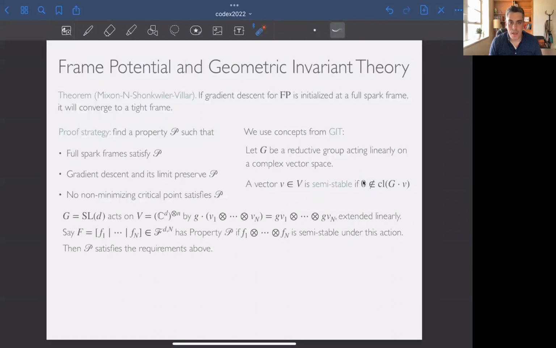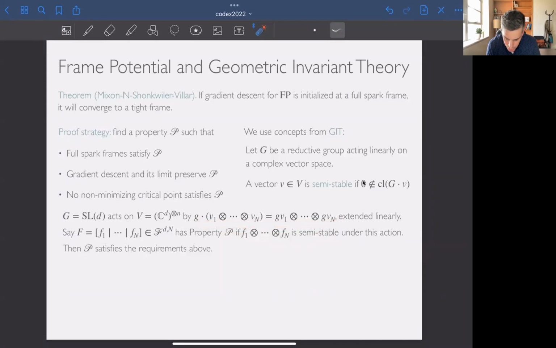Okay, so the idea for defining a property with the desired features is to work in this kind of GIT setting. Here we take SL_d acting on (C^d) tensored n times, defined on the basic vectors in the obvious way, and then we extend linearly.